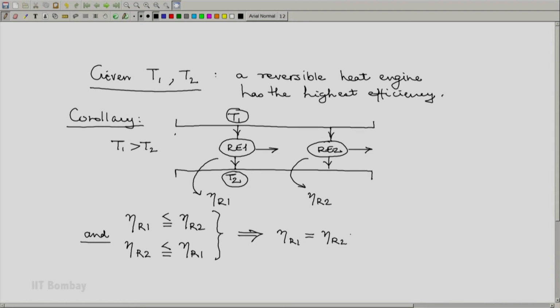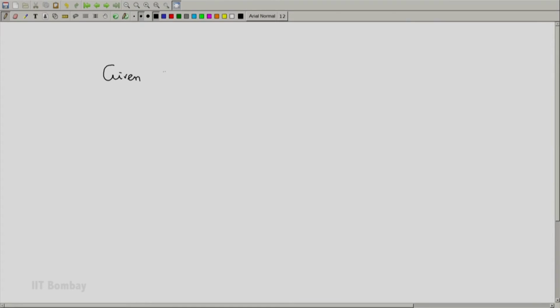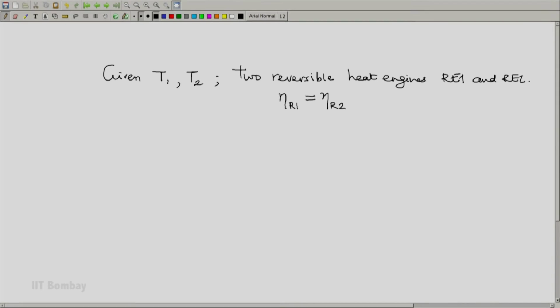Now what is the implication of this? The implication is as follows. We have shown that given T1, T2 and any two reversible heat engines RE1 and RE2, eta R1 must equal eta R2.